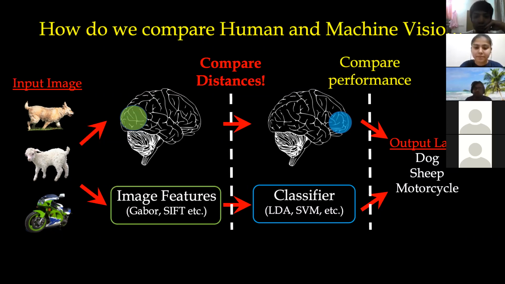And more recently, the architecture of convolutional neural networks or deep neural networks, and the convolution filters built into the processing stages, are inspired by the hierarchy of processing in the visual system of the brain.